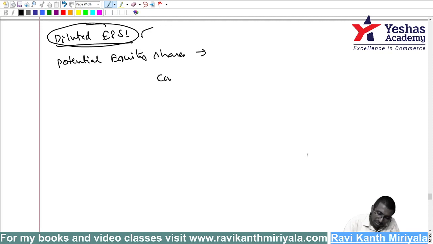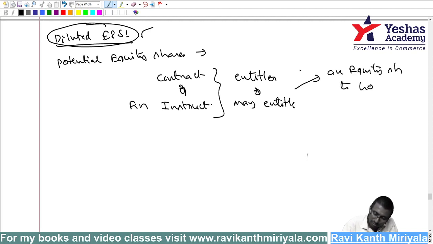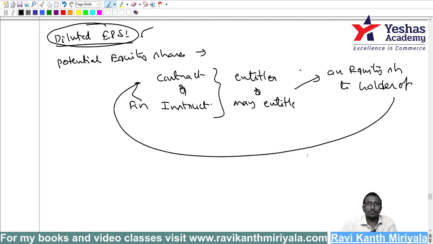Potential equity shares is a contract or a financial instrument which entitles, or which may entitle, the holder of the contract or financial instrument to an equity share.